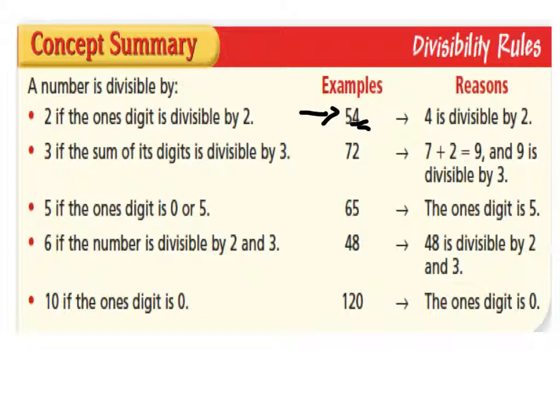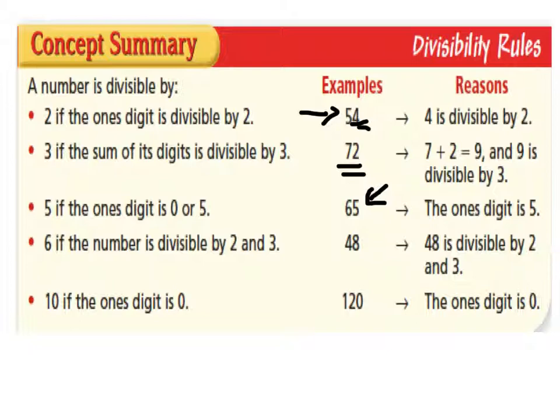We add all the digits together. So in 72, 7 plus 2 is equal to 9, and we know that 9 is divisible by 3. Our next one, a number is divisible by 5 if the ones digit is a 5 or a 0. Once again, we look at our number, go to the ones place, and notice that there's a 5 there. Or if there is a 0, we know that number would have been divisible by 5.